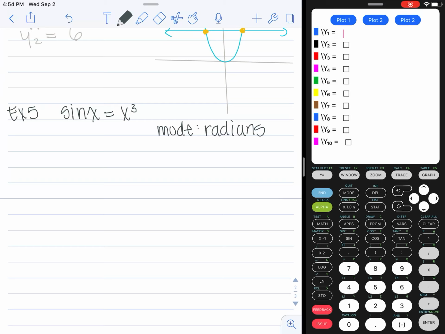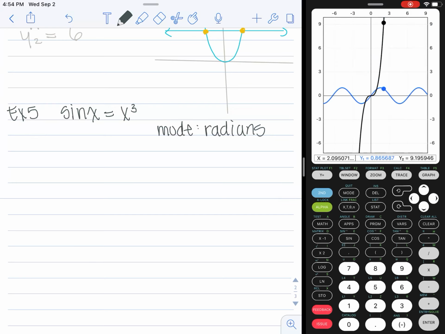So let's graph this guy. Clear those out, and let's hit sine of x. And the other one is just x cubed. And graph. So again, my step 1 is to tell my teacher how I graphed it in my calculator. So sine of x, y sub 2 was x cubed. Then I'm going to do a nice graph sketch.